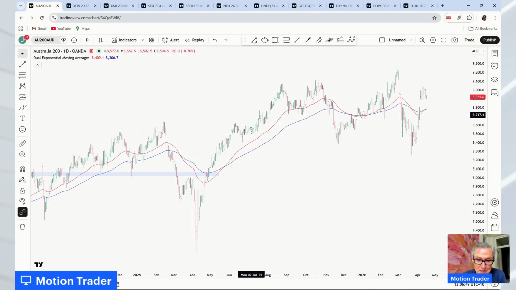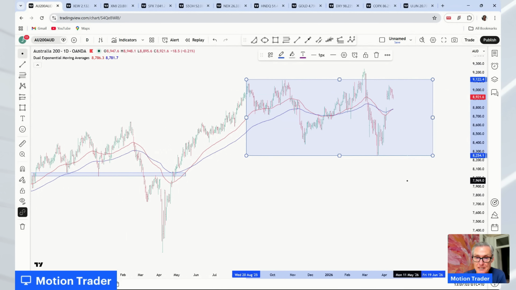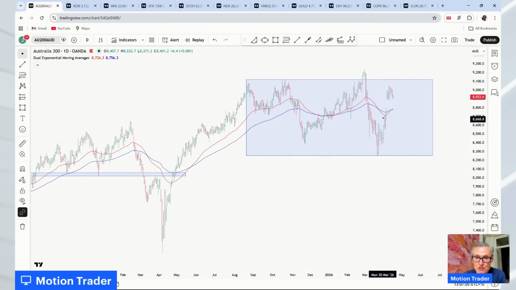They also spend lots of time in ranges, and that's where they just track sideways for sometimes months on end. And I think a range is a strong possibility here. So if we can just sketch this out on the chart, you can see that the ASX 200 has essentially been in a big range since, you could say, from late August, or maybe from late October.